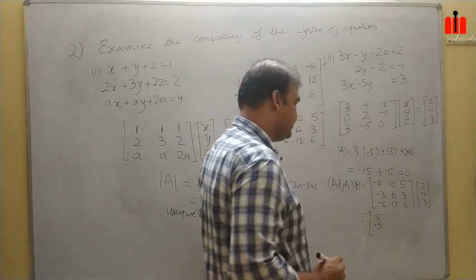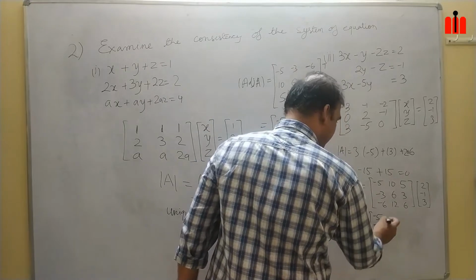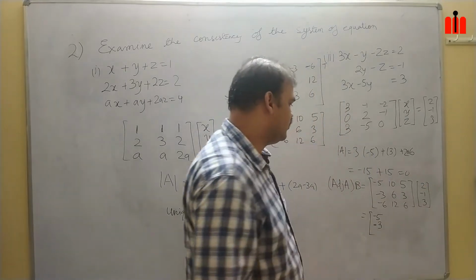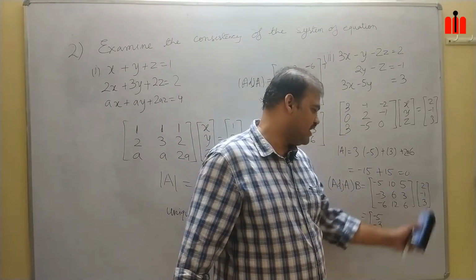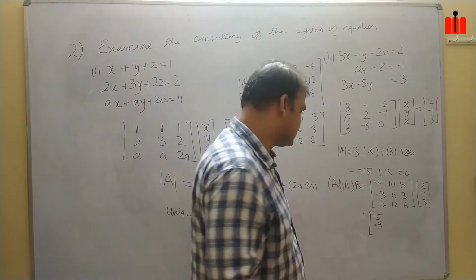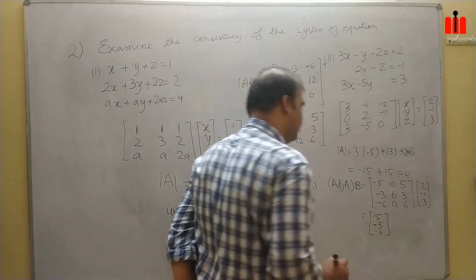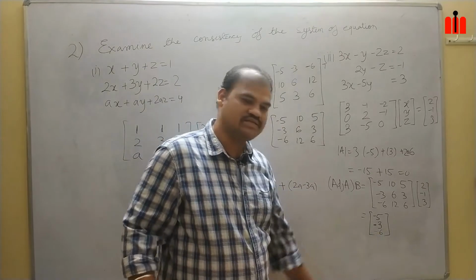So it is minus 3. Then minus 6 into 2 is minus 12, minus 12, minus 12 is minus 24, plus 18 is minus 6.